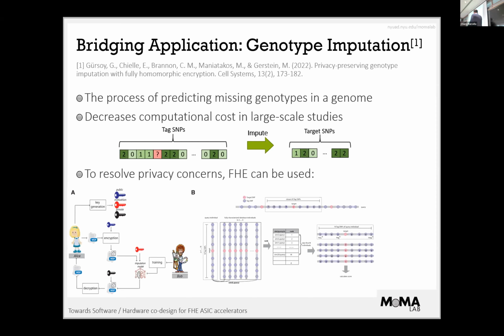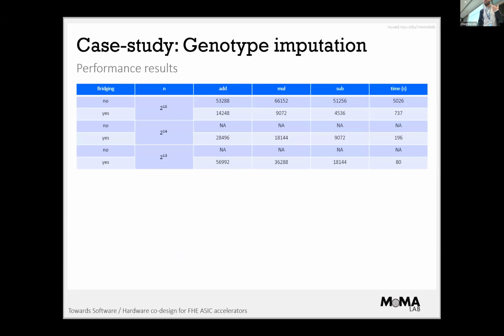So we have a paper in Cell Systems where we discussed the way we do it. It's not so much machine learning, it's more information-theory based: we try to extract correlations, we computed correlations, and we made decisions based on correlations. But what I wanted to point out is the performance that the bridging technique I showed gave us. From the left side, you see bridging enabled, and the different encryption parameters.